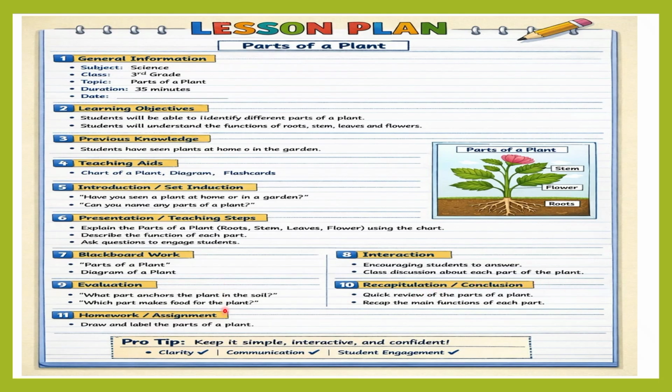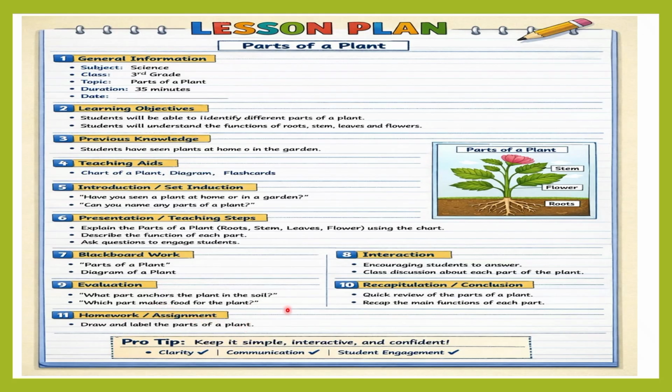She is evaluating after the session is done, after the class has been conducted. She is evaluating whether the students have understood the topic or not: which part anchors the plant in the soil, which part makes food for the plant.